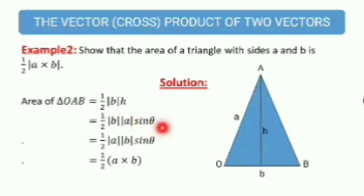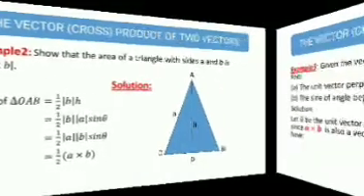Now, instead of h, you replace h with modulus of A sine theta. So you have half modulus of A, modulus of B, sine theta, which is the same thing as half modulus of A cross B. This is the expression for the modulus of A cross B, and this one will serve as the area of the triangle AOB. Now let's look at another example here.